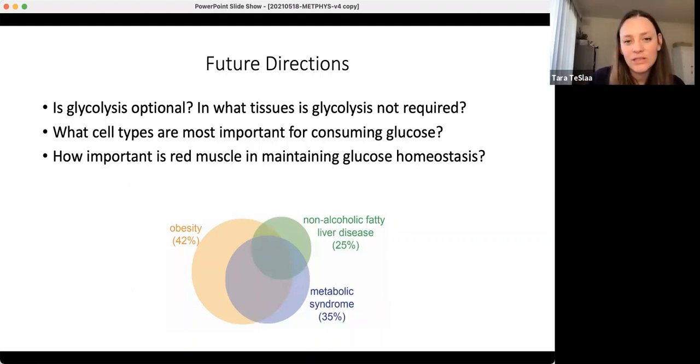And if so, in what tissues? Furthermore, I'm interested in finding the cell types that are most important for regulation of circulating glucose and glucose consumption. And finally, I'm really interested in studying the importance of red muscle in maintaining circulating glucose homeostasis.